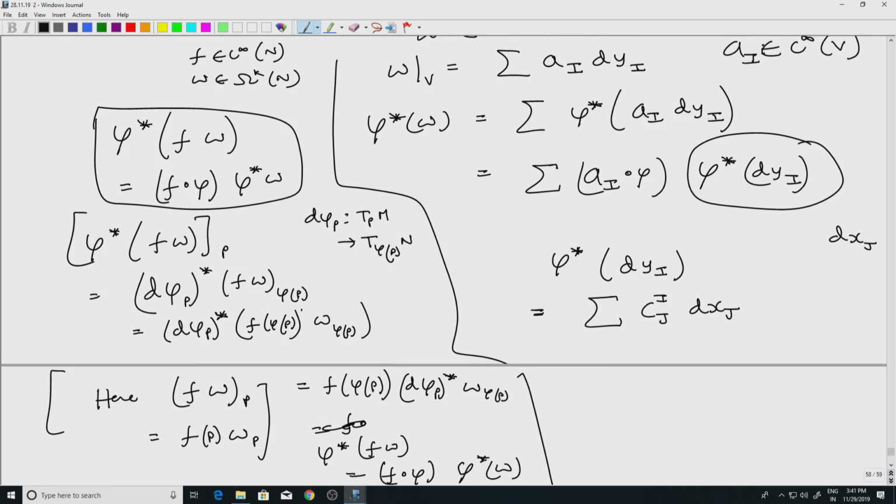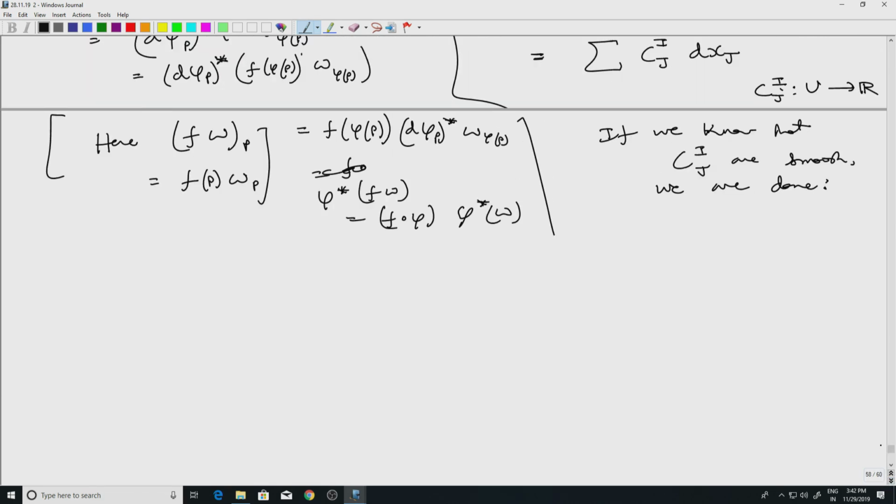As usual, the c_IJ are functions from U to R. For the moment, if we already knew that the c_IJ are smooth, we are done, in the sense that we can show that phi star omega is smooth.